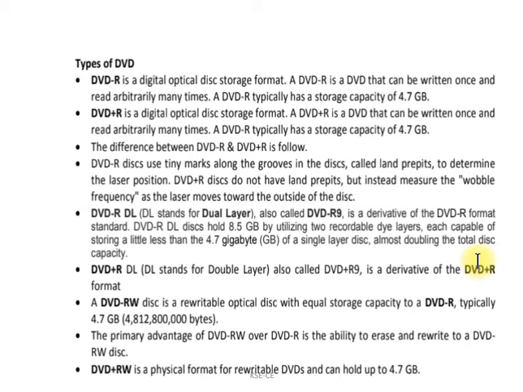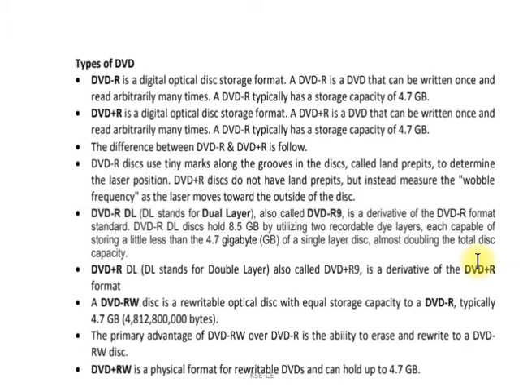Read and write is an upgrade of DVD-R. In DVD-R, you can write data only one time, and then you can use it. Otherwise you can play it multiple times, right? But with DVD read and write, you can read data multiple times and you can write data multiple times.